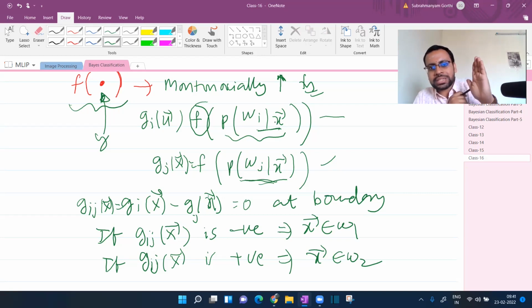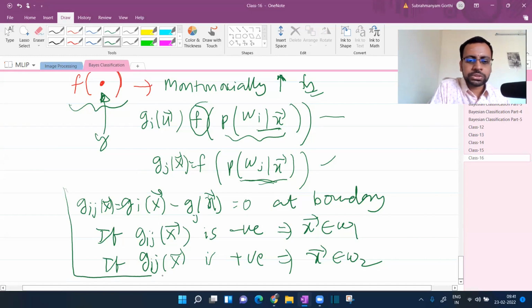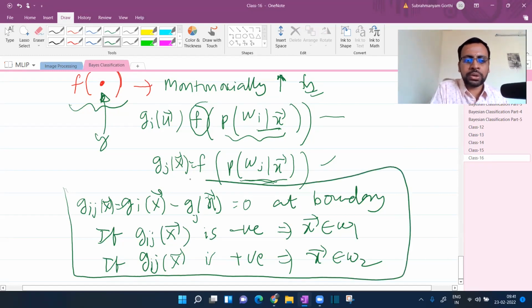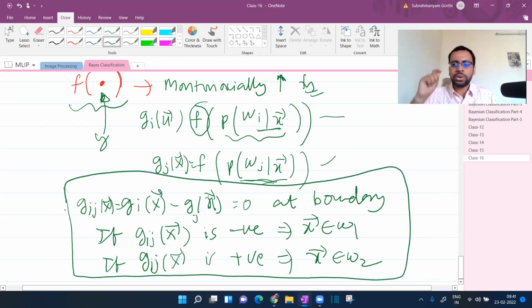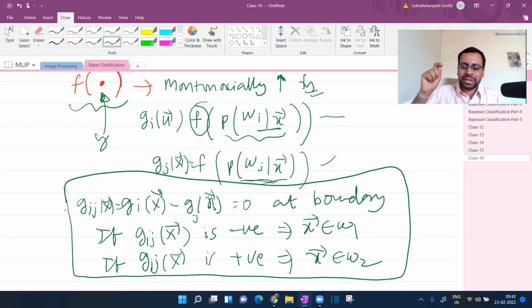But at this point, it is sufficient if you understand that if a monotonically increasing function is applied on these likelihoods, you could still do the positive, negative, zero boundary on this function instead of on the likelihoods, or likelihoods multiplied by your prior probabilities.